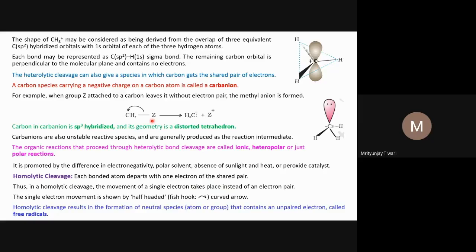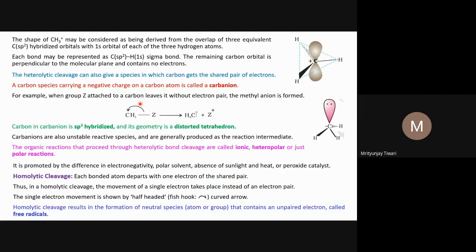In all such organometallic compounds we see carbon-metal bonds, and we know the electronegativity of metals is less than that of carbon. So if those bonds are broken, suppose the lithium-carbon bond is broken, then the negative charge will appear on the carbon atom, and thus a carbanion will be formed, because the carbon atom is more electronegative than the metal lithium.